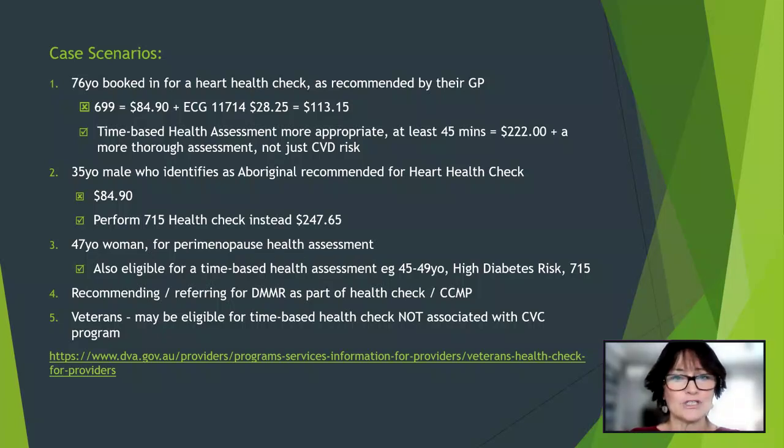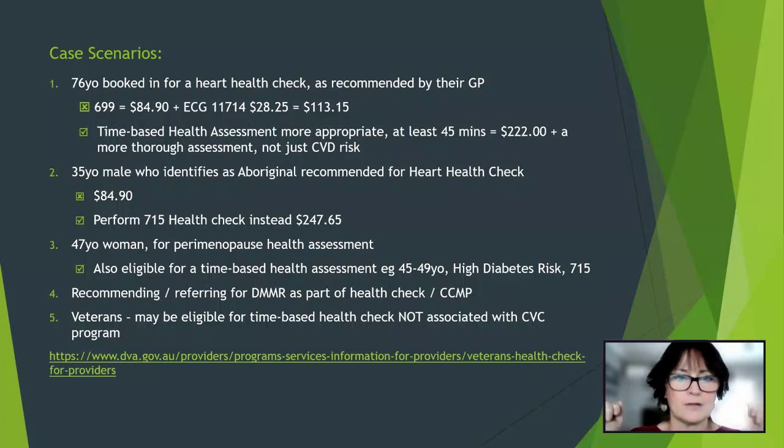So as we've identified before, doing a heart health check would be $699. That would be $84.90. Obviously, with the ECG, we're going back to that $113 again. However, if we do the 715 health check, we can look at a whole bunch of other risks as well for this young man, and it's going to be entirely more appropriate.